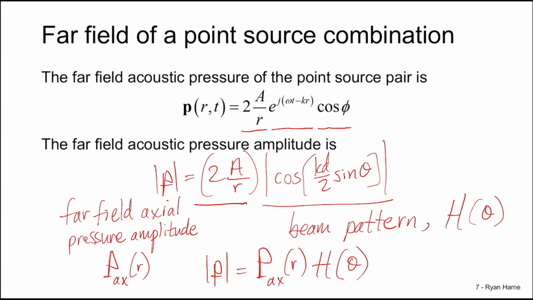We can learn a lot by studying these components, because this result is in general correct. Let's specifically study the beam pattern, since we're already familiar with the 1 on r dependence of acoustic pressure amplitude.